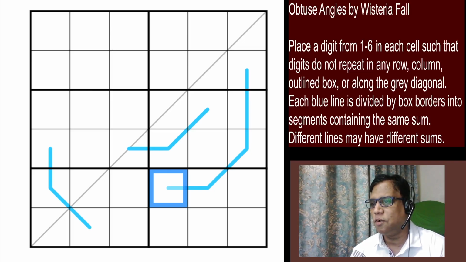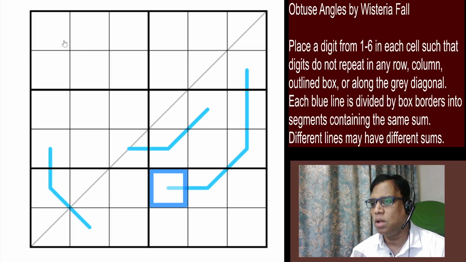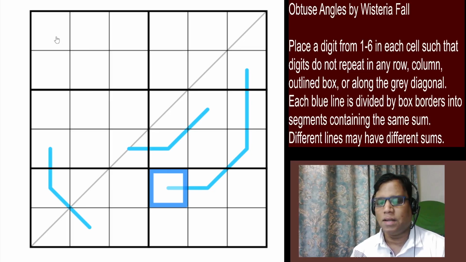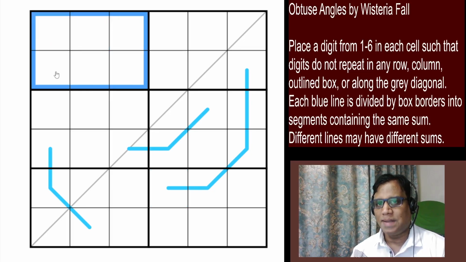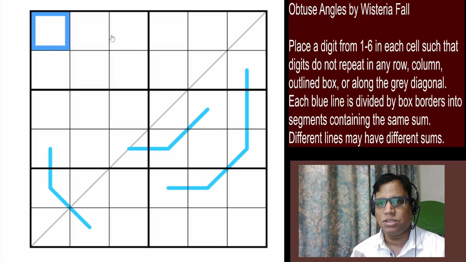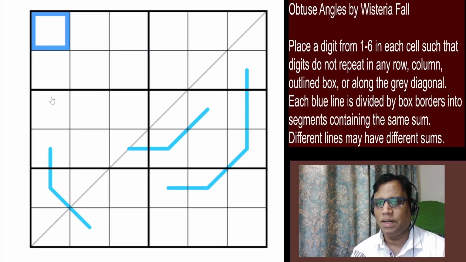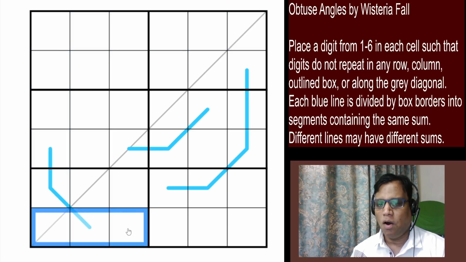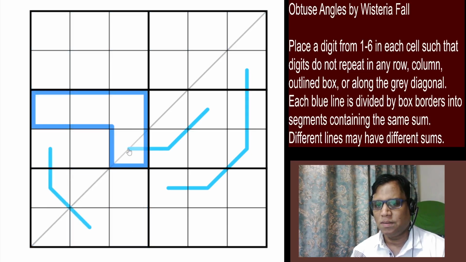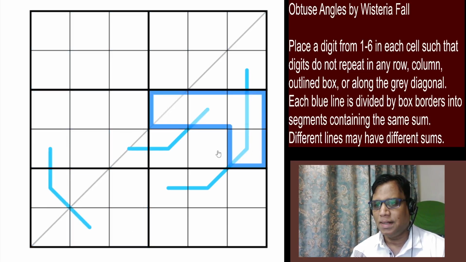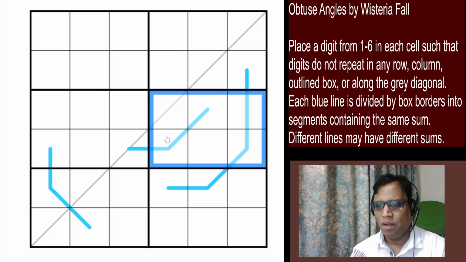Place a digit from 1 to 6 in each cell such that digits do not repeat in any row, column, outline box or along the gray diagonal, right? So this is your standard 6x6 Sudoku where the digits are from 1 to 6. So now we have reduced the range. 1 to 6 cannot repeat in any row, any column, or any of the 6 boxes. These 6 boxes are rectangular boxes.